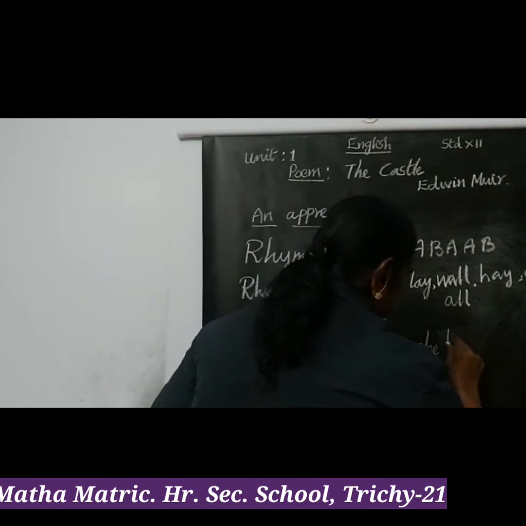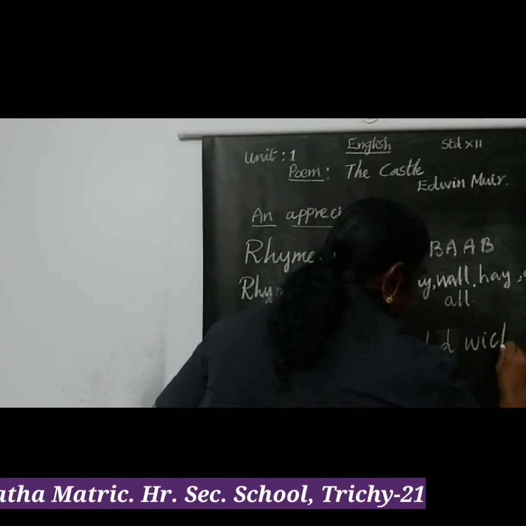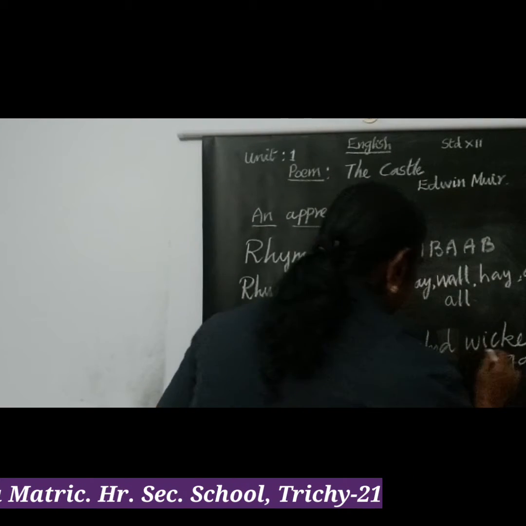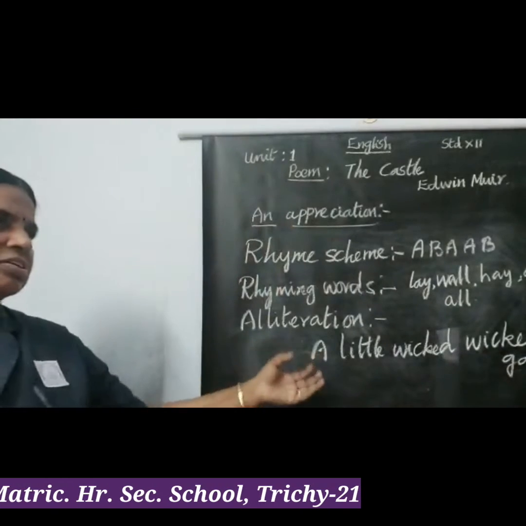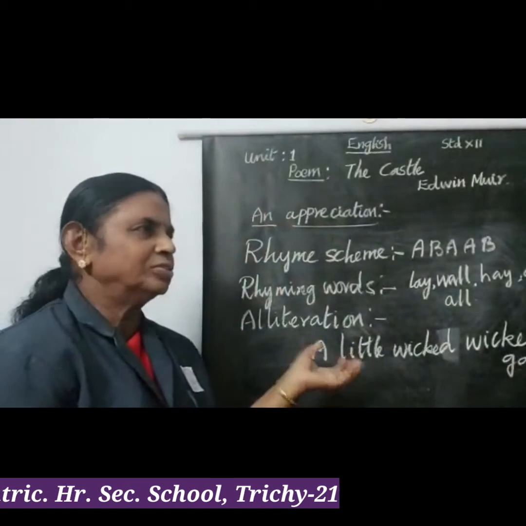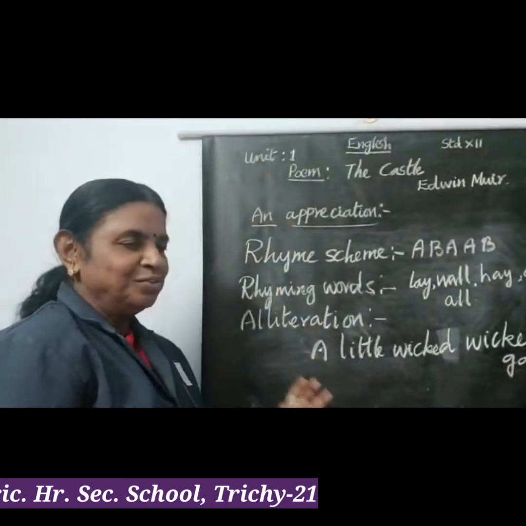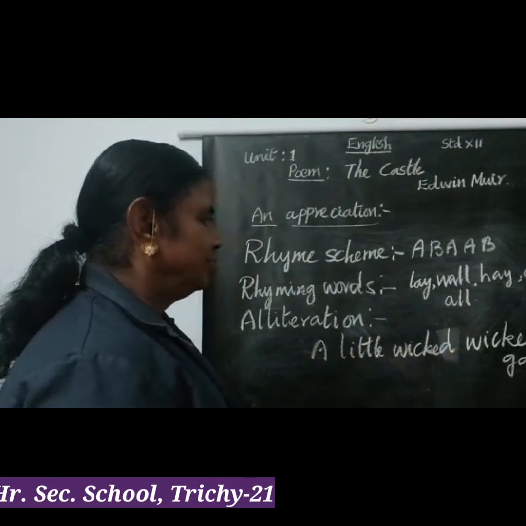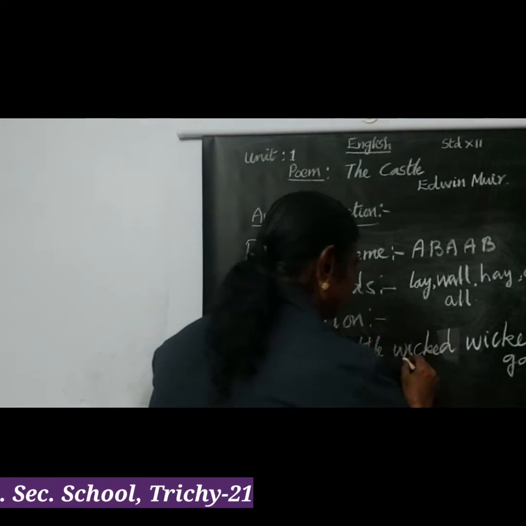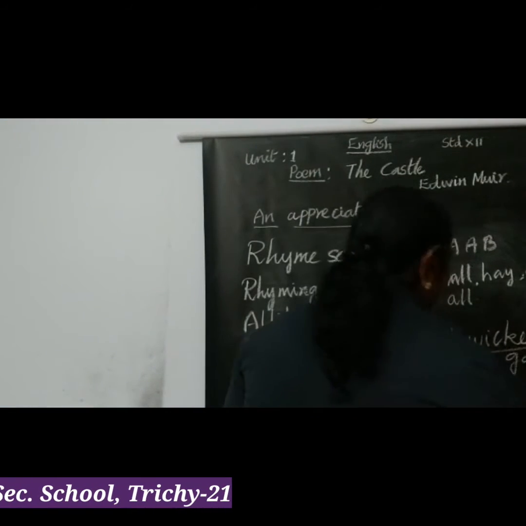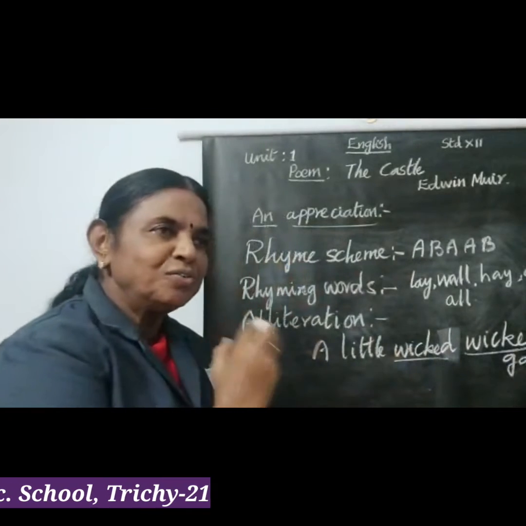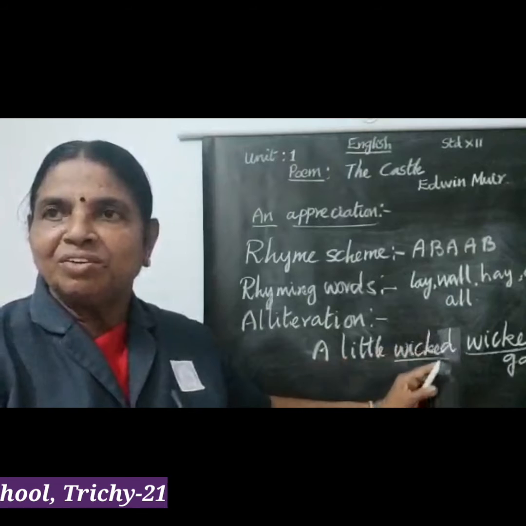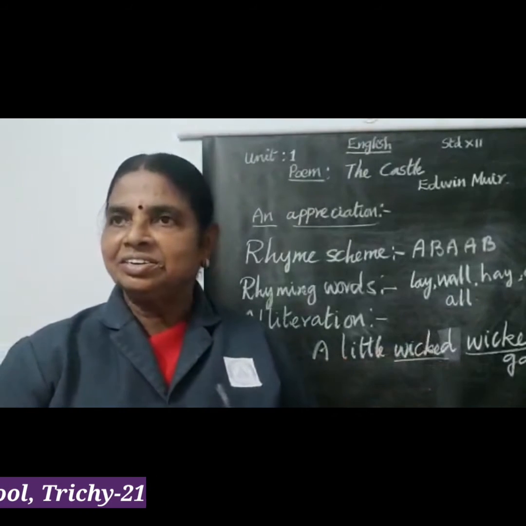This line comes in the fourth stanza, fourth line. A little wicket gate. The consonant sounds are repeated in this same line. So we call this alliteration.